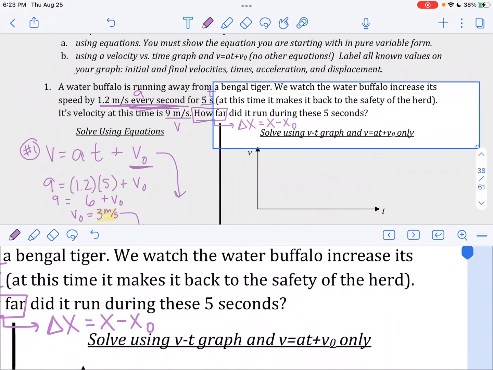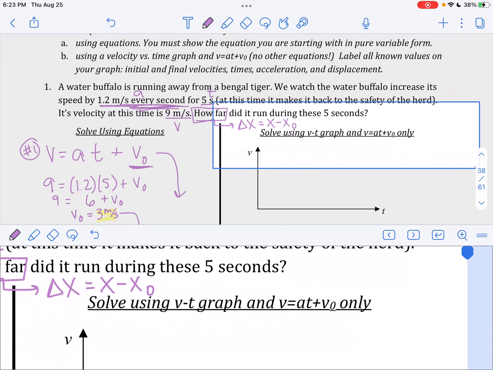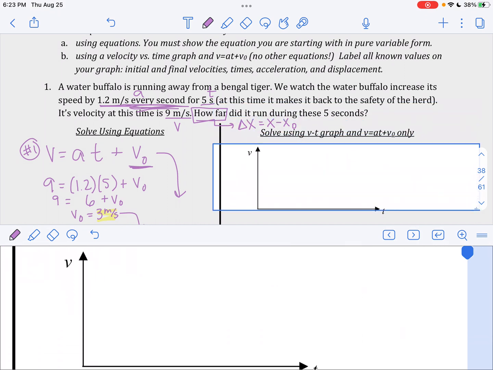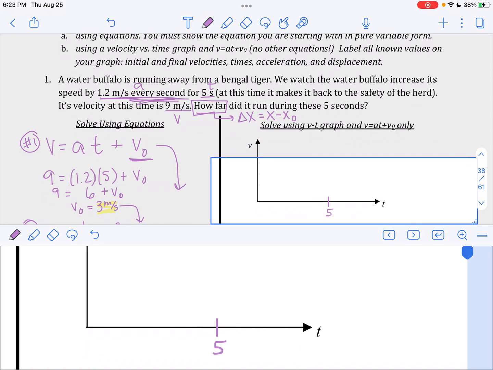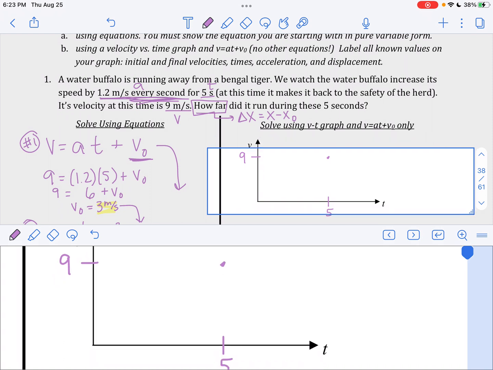All right, now I'm going to do the graphical method. And so I can solve using my VT graph and my one physics equation. So the first thing I'm going to plot on my VT graph is 5 seconds. And I'm going to plot at 5 seconds a velocity of 9. So right about there. Now my initial velocity is not 0, so I cannot plot a point there.